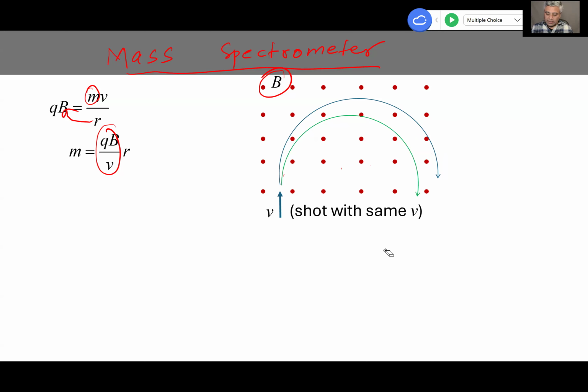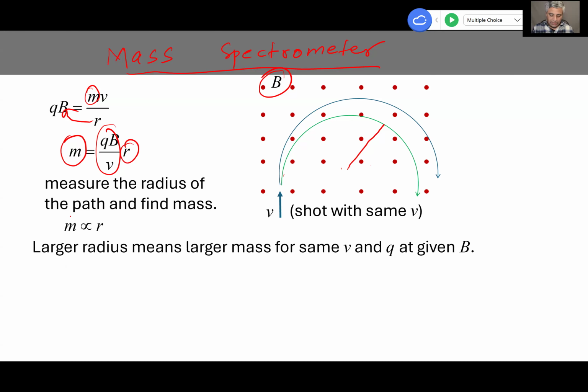Anyway, let's say there is a device where you can see the path. Once you have the path, you can measure the radius, and with this radius you can calculate mass. From this equation, the mass is directly proportional to the radius for a given charge in one setup of the experiment.